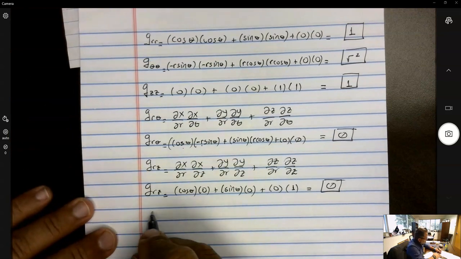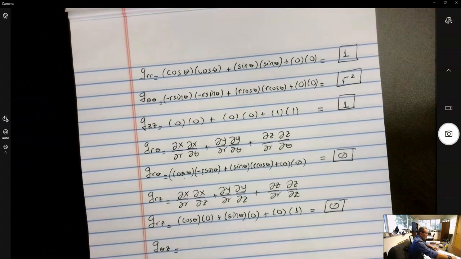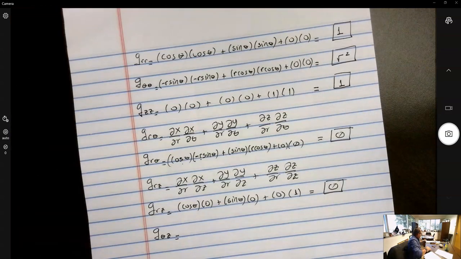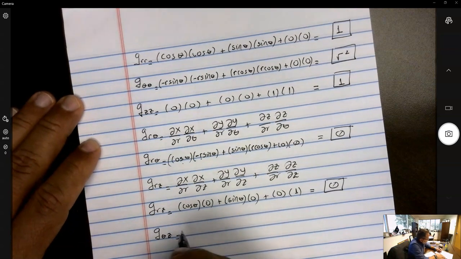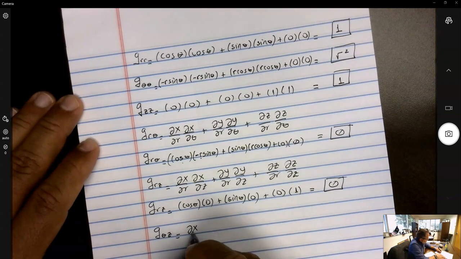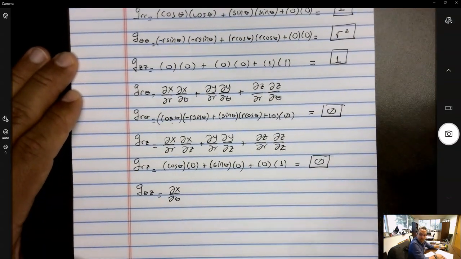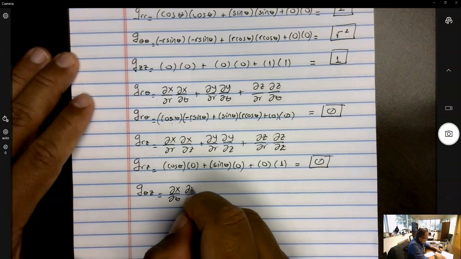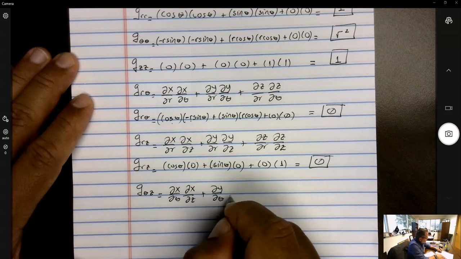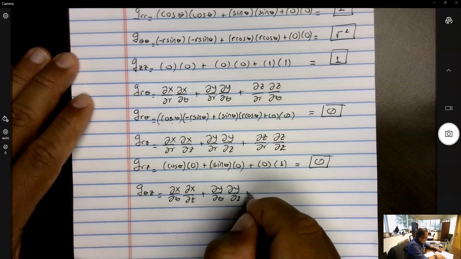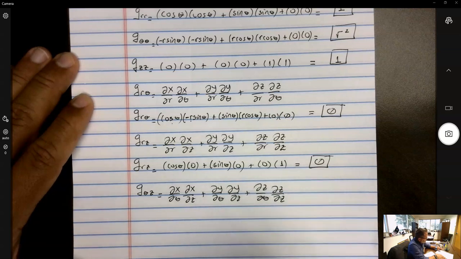And as expected, the last one, which is the theta z component of the metric tensor, is equal to dx d theta dx dz plus dy d theta dy dz plus dz d theta dz dz.